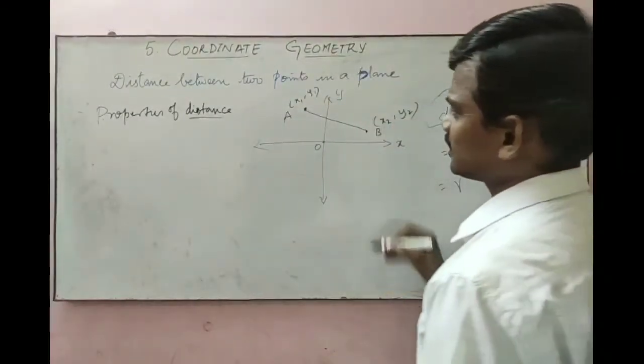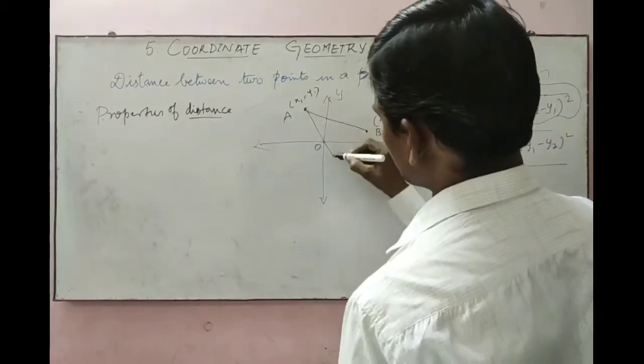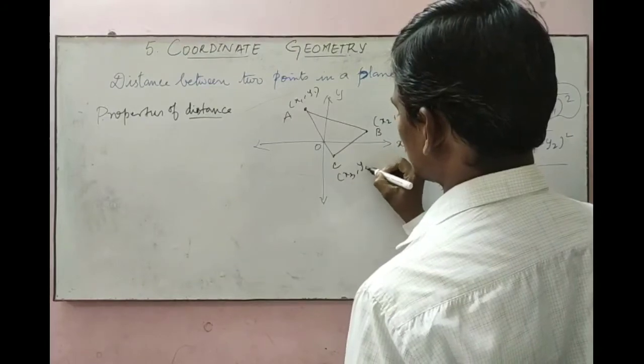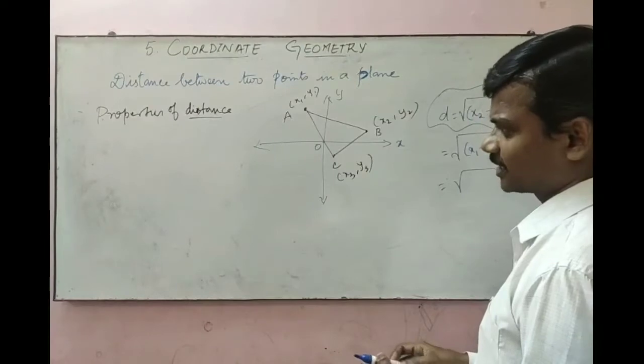If I am taking 3 points in a plane, for example A, B and C, if I join these 3, x3 comma y3 be the third point. If I join these 3, I will get one triangle.